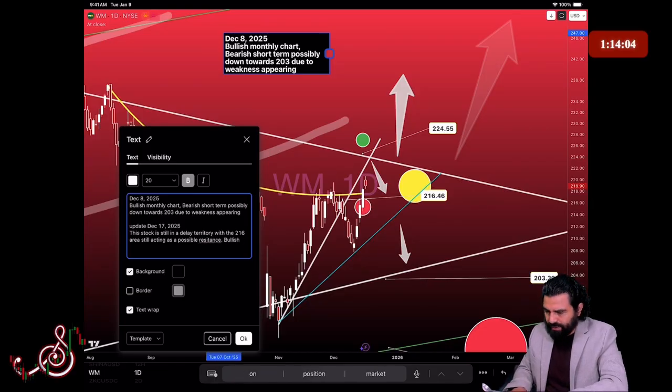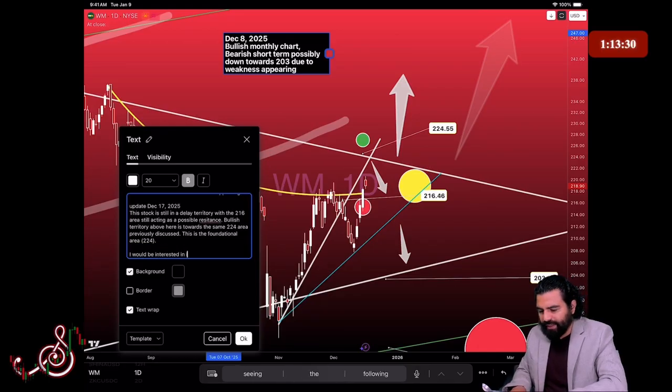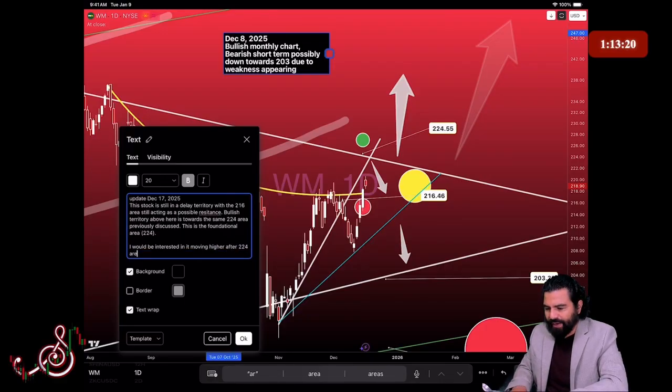Bullish territory above here is towards the same 224 area previously discussed. This is the foundational area, 224. I would be interested in it moving higher after 224 area.